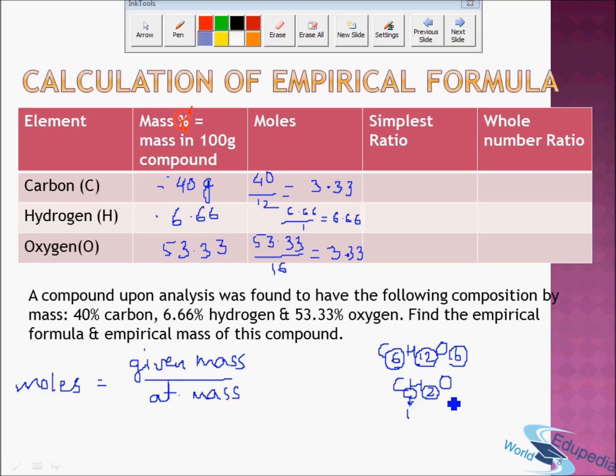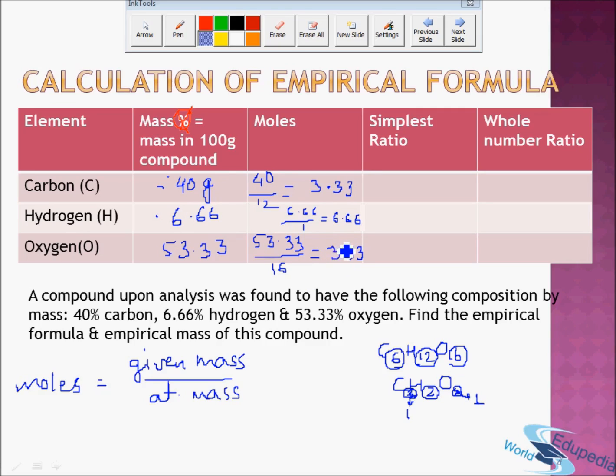The subscript is implied to be 1. Similarly here the subscript is implied to be 1. So these subscripts are what we need to calculate, and these subscripts represent the number of atoms or number of moles of atoms. That is why we converted the mass composition into mass and then mass into moles, because we need to calculate moles of different atoms in order to find the empirical formula.